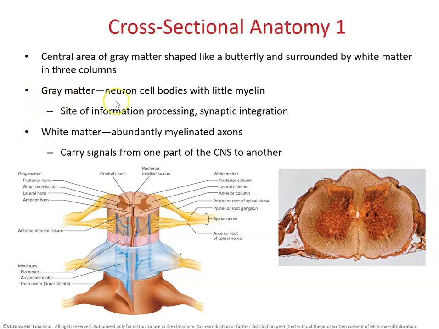The gray matter, the neurons that make up that butterfly-shaped region, typically have very little myelin sheath covering them. This is where information gets processed and where the synapses are integrated. The white matter has lots and lots of myelination. So this is the area where signals are carried up and down the central nervous system.